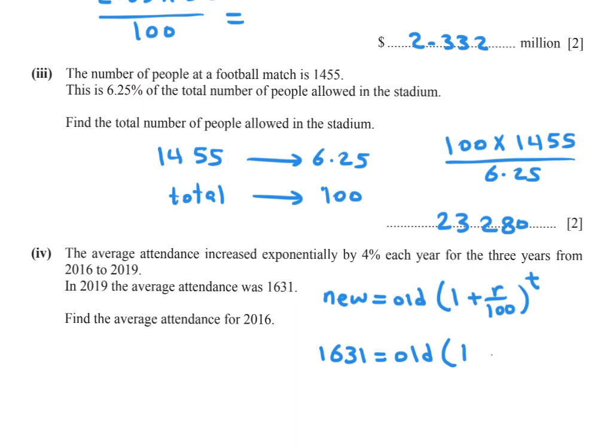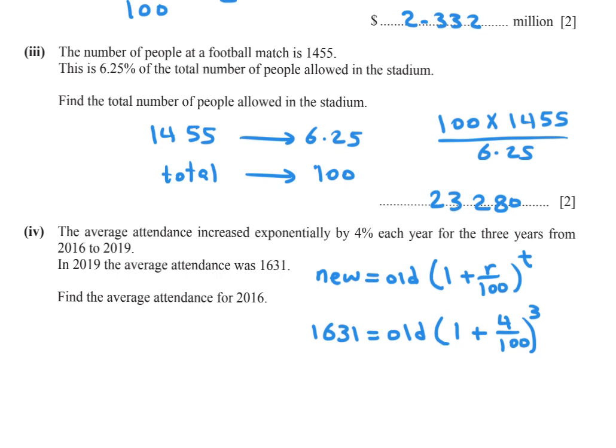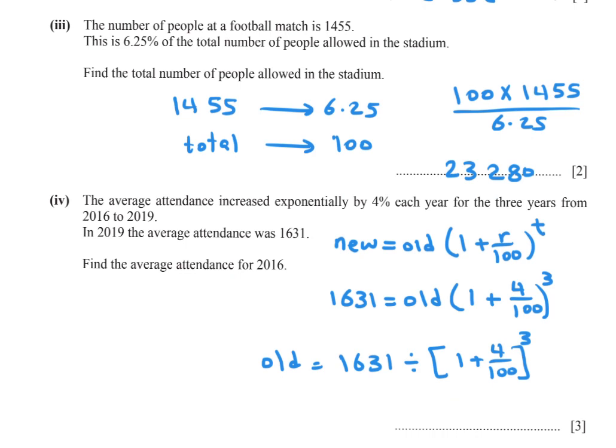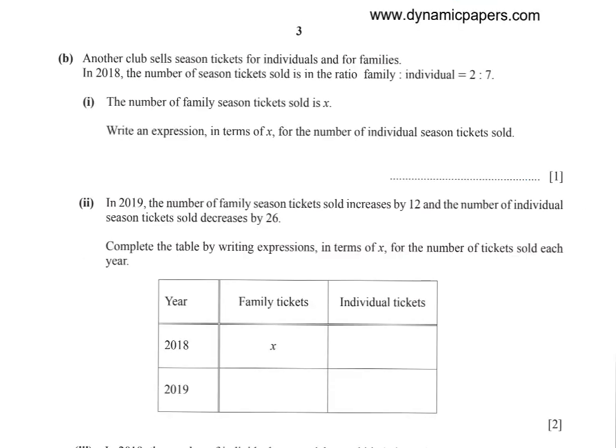The rate is 4%, so 4 over 100, power 3 because 3 years. Now to find the old value, just divide 1,631 by 1 plus 4 over 100 to the power 3. That is 1,450 to nearest unit.